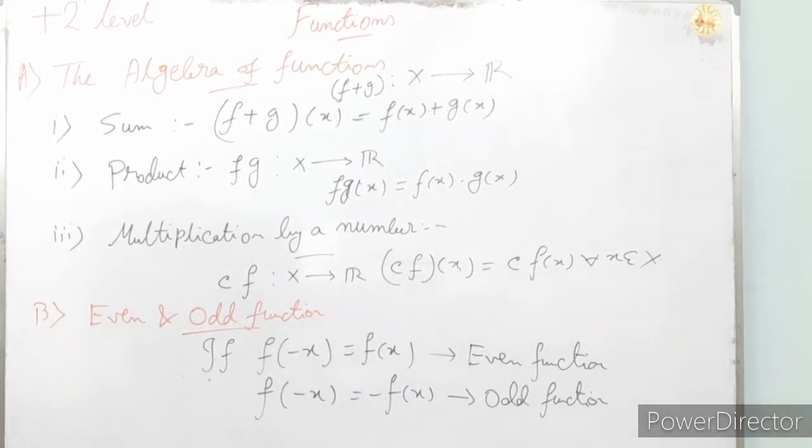As an example, take f(x) equals x square. Now f of minus x is minus x whole square, that means x square only, so it remains f(x), so it is an even function.